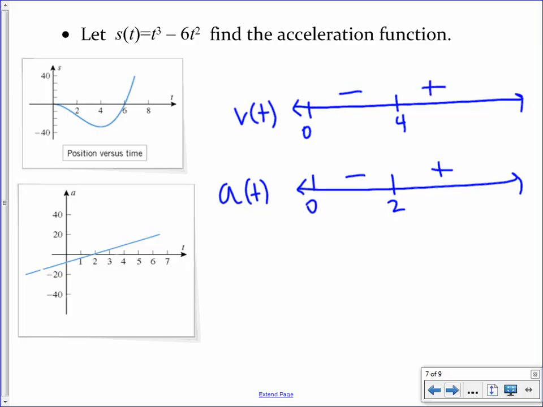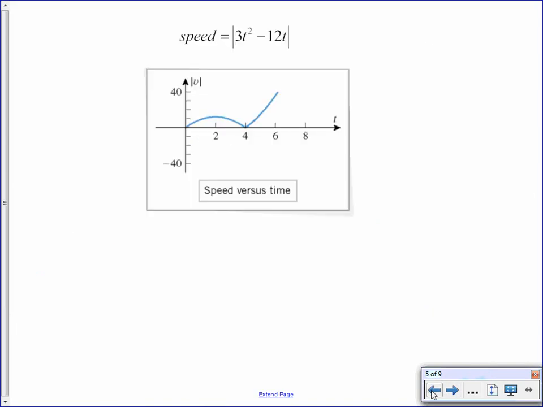So from 0 to 2, we are speeding up because acceleration and velocity have the same sign. But from 2 to 4, acceleration's positive, but velocity's negative, so we're slowing down. Then after 4, we're the same sign again, so we're speeding up. Isn't that what we decided here? Speeding up, slowing down, speeding up? Essentially.